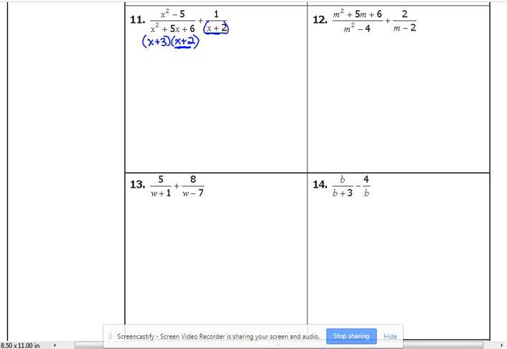So when we factor it, they have x plus 2 in common. So that means the second one is missing the x plus 3, top and bottom. So we've got x squared minus 5 over x plus 3 times x plus 2. This is plus. Multiplying by 1 doesn't do anything, so I'm just going to drop those parentheses there on the x plus 3.